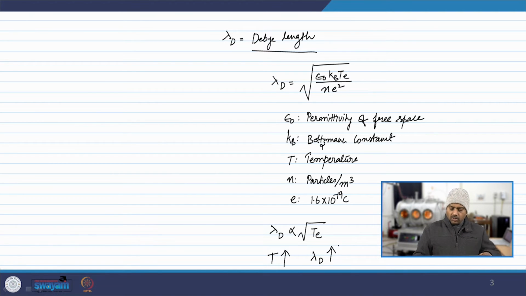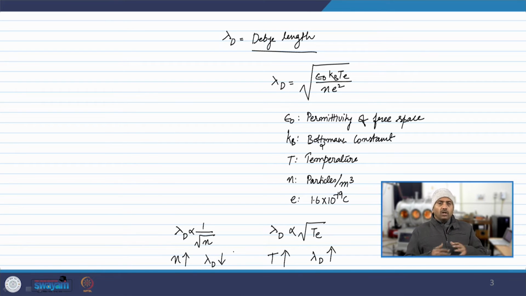And one more consequence is that lambda d is proportional to 1 by square root of n. The number of charged particles in the plasma is inversely related to the Debye's length. So, if you increase the plasma density, the Debye's length will decrease. How do we understand that?